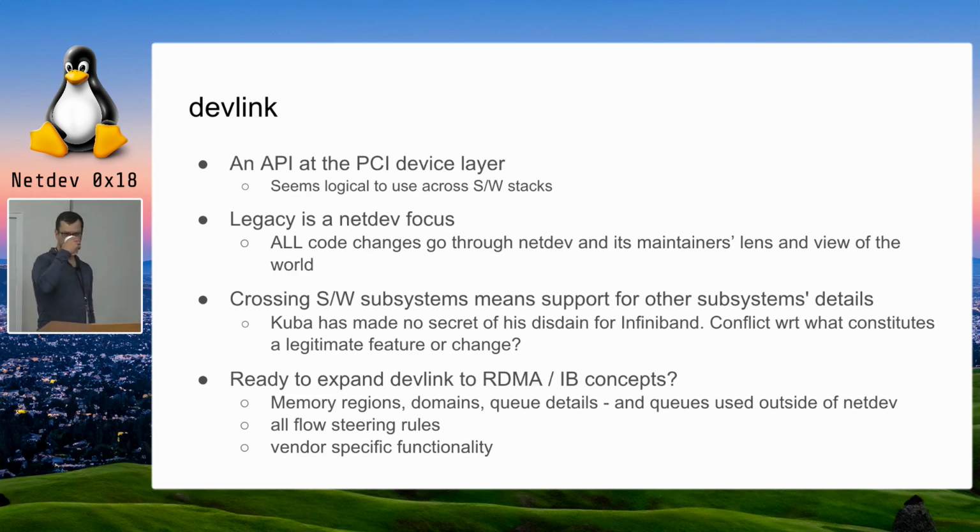Because if half of us think it's a device link for all devices, and we're trying to put in configuration for InfiniBand and RDMA and DPUs and whatever else kind of devices we're going to start attaching to the PCI bus, and the other half of us think only networking things are allowed in DevLink, it seems so fundamental. That was my comment. I don't have a good answer. I was pointing that out.